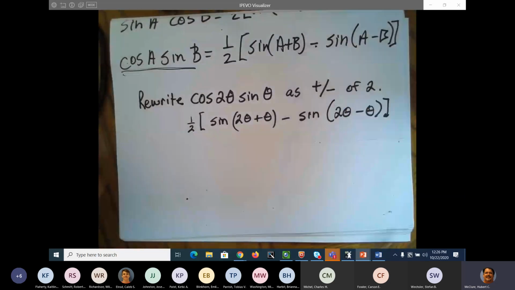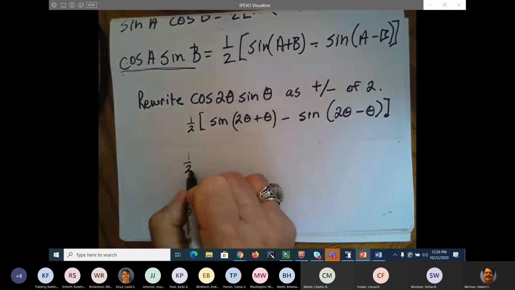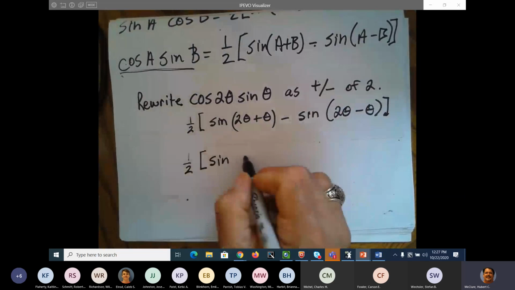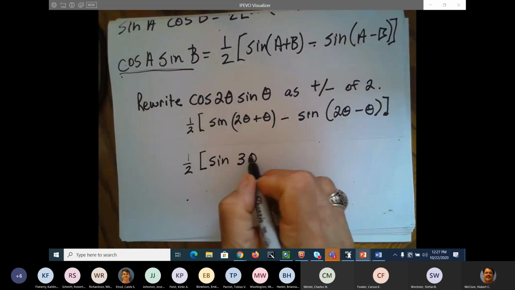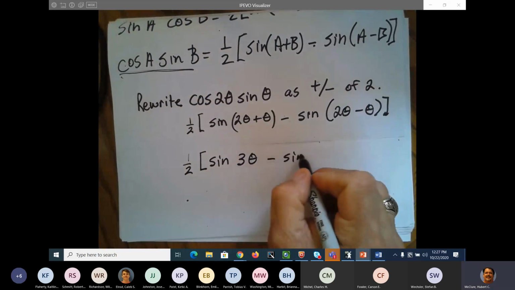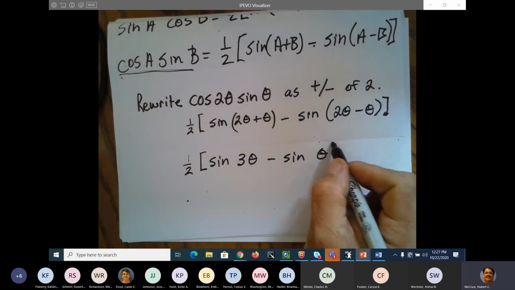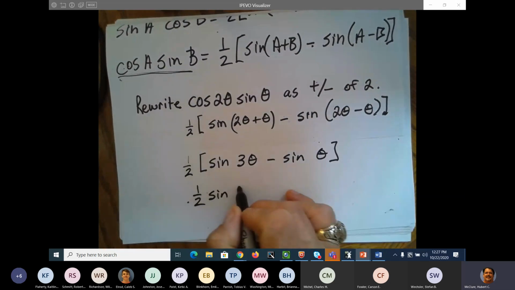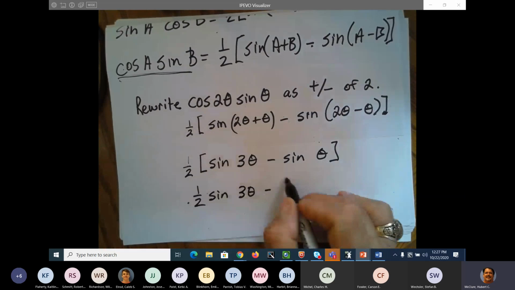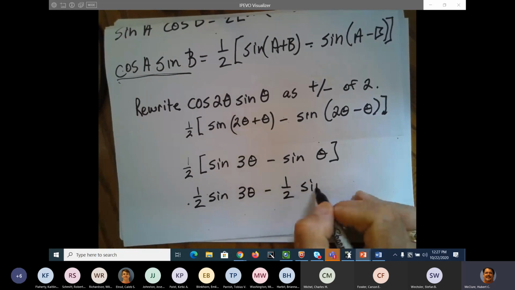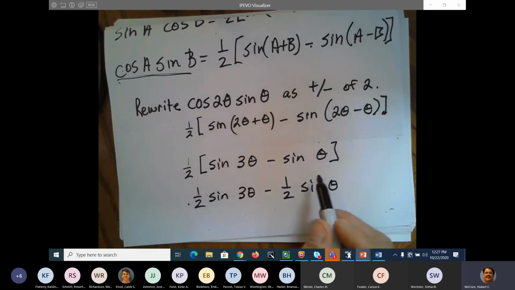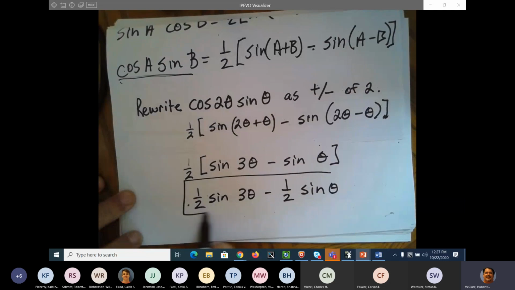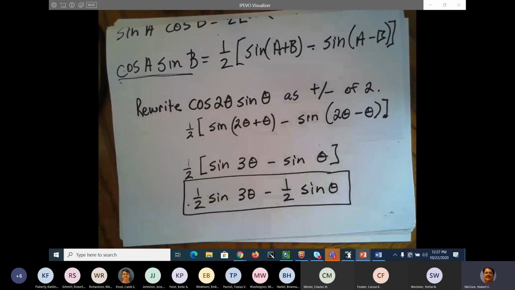All right, so 1/2 sine of 3 theta minus sine of theta. 1/2 sine of 3 theta minus 1/2 sine of theta. That's it.